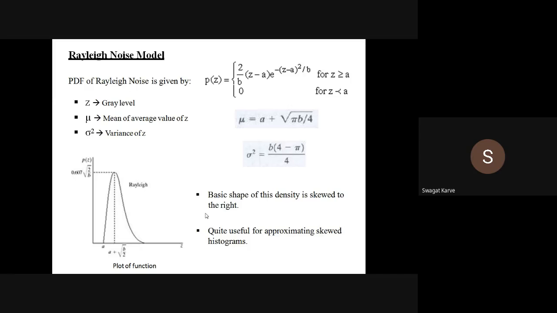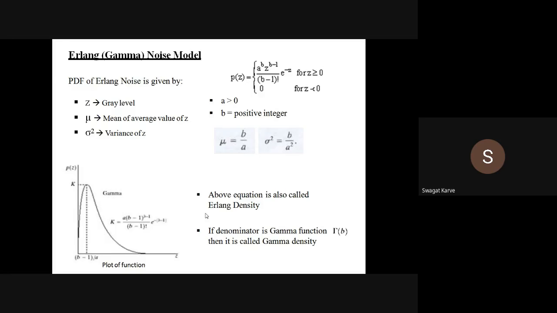So this is for the Rayleigh noise, and this is for the gamma noise. See, p(z) is the main equation. What is p(z)? It is the probability density function of that particular noise. Remember always, z is nothing but the gray level.